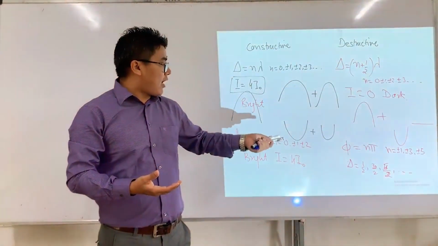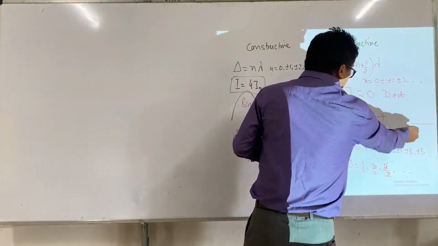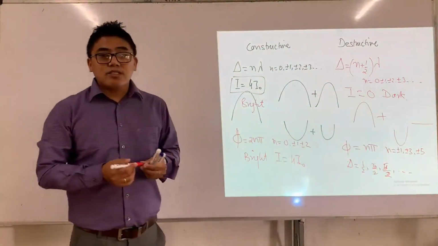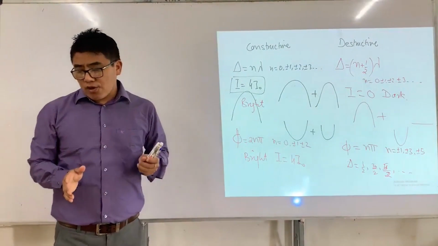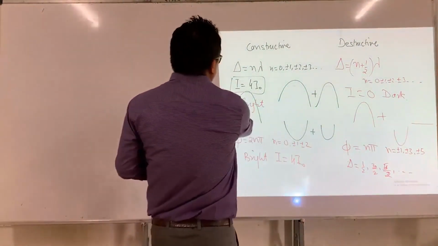So this crest combined with a trough gives you 0 amplitude. This is all about constructive interference, and this is all about destructive interference.